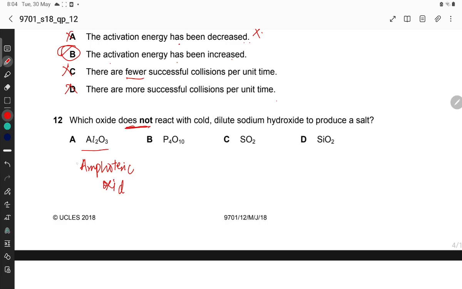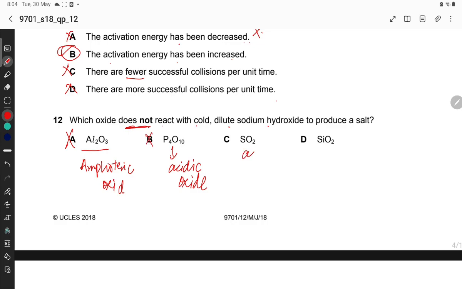So that's why it is incorrect. P4O10 is an acidic oxide, so it also reacts with sodium hydroxide to form salt and water. So this is also incorrect.